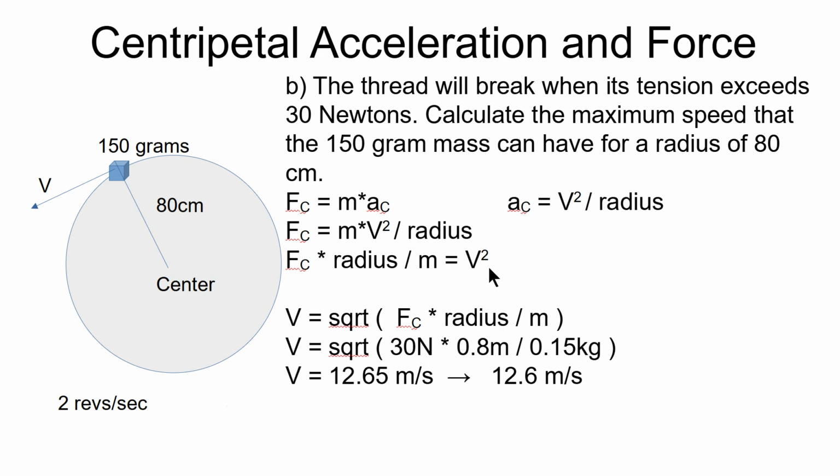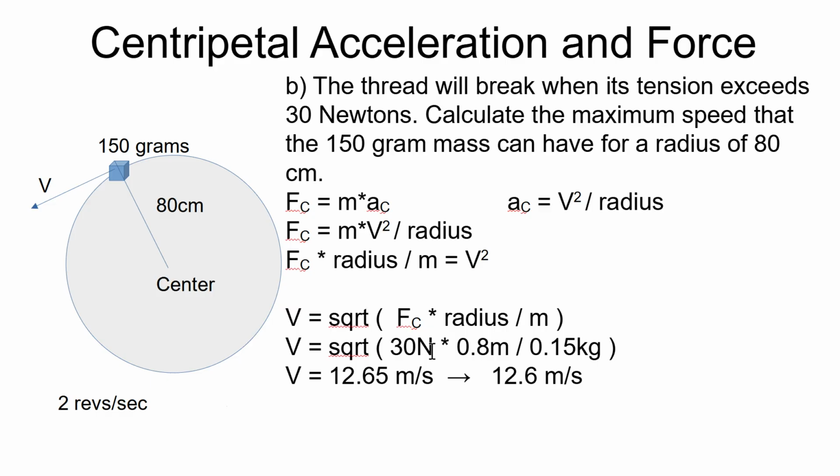We find that the speed squared is Fc times radius divided by m. Take the square root of both sides, and now I'm putting my desired quantity over on the left. So the square root of v squared just gives us the v, and this tells you to do the square root function on your calculator.